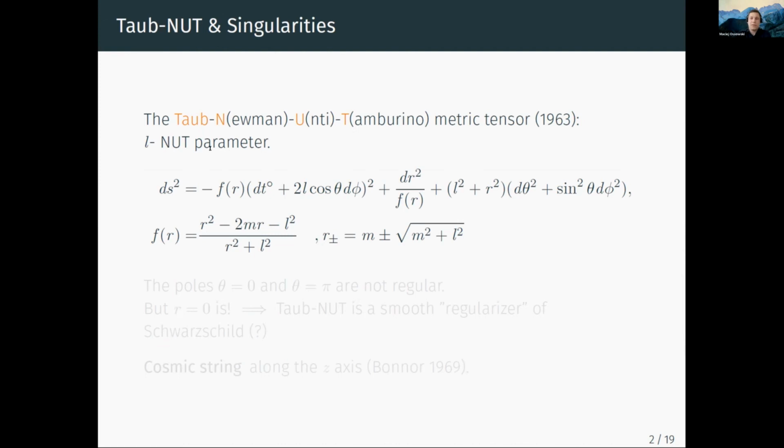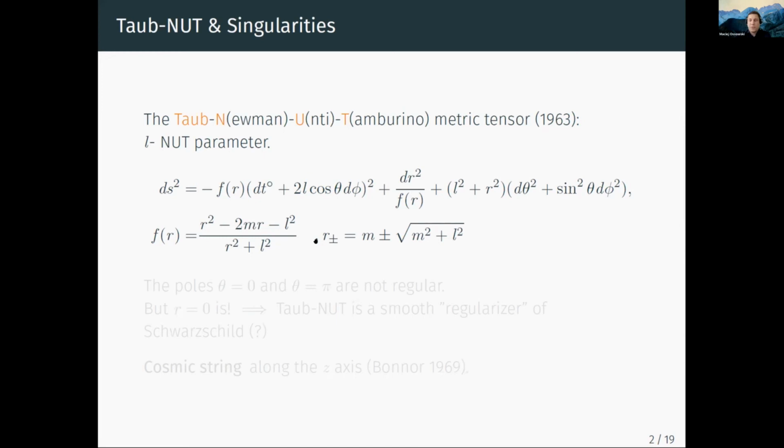And of course, this is because Newman, Unti, and Tamburino discovered this metric as an extension to the Schwarzschild solution. And so, as is the case with Schwarzschild, we have this function f, which is of different form because we have now introduced some NUT parameter.